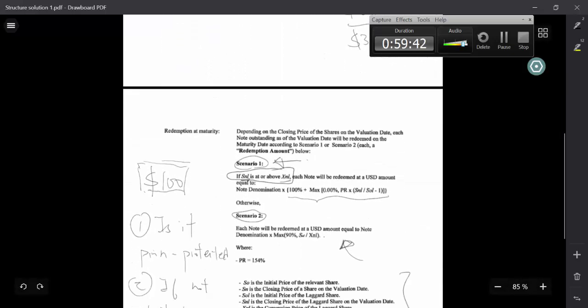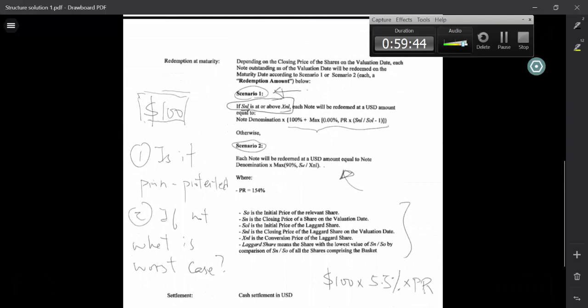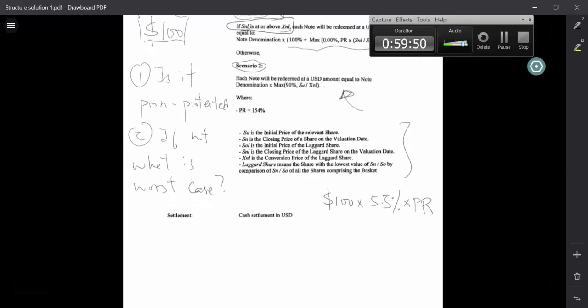So you are not in scenario one anymore. You are now in scenario two. And what you would get then is 100 multiplied by 30 divided by 36.